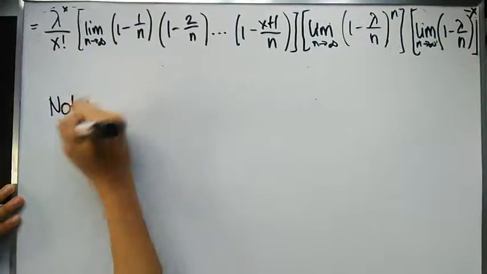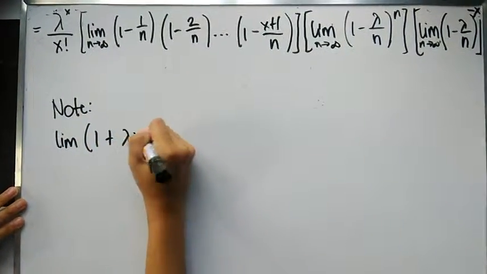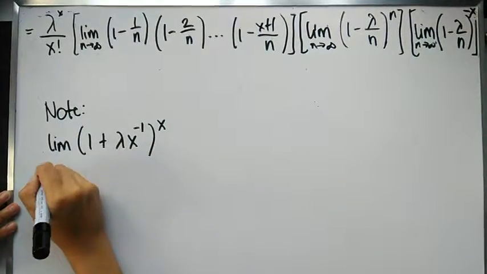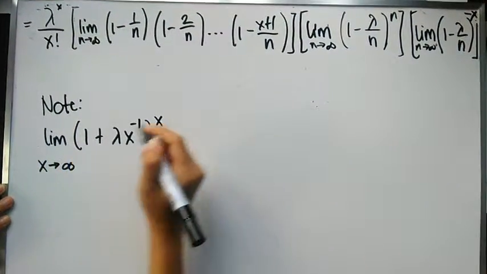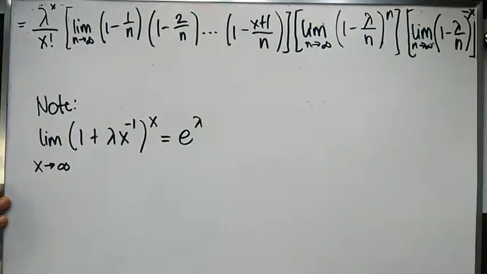The limit of (1 + λ/x)^x as x approaches infinity is equal to e^λ.